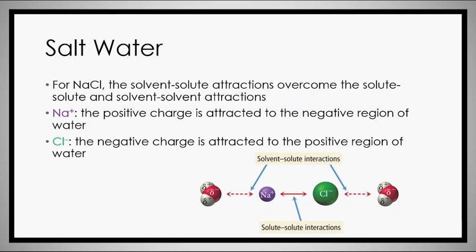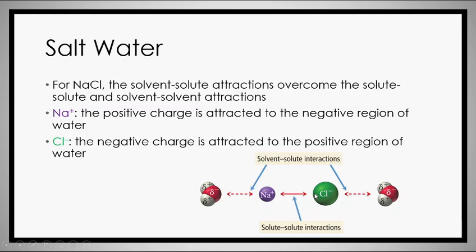The reason why we say salt dissolves is because as soon as you take sodium chloride, even just one tiny crystal of table salt, and you drop it into water, that sodium chloride is going to be ripped apart from every end by this water. And the reason for that is because sodium plus and chlorine minus, they are very attracted to one another when they are on dry land.